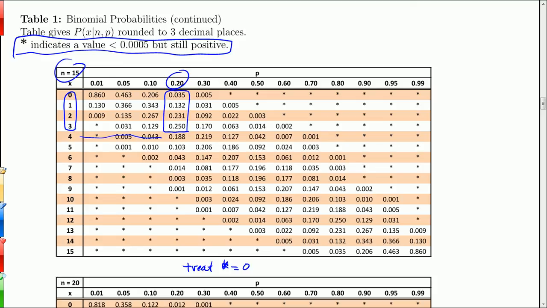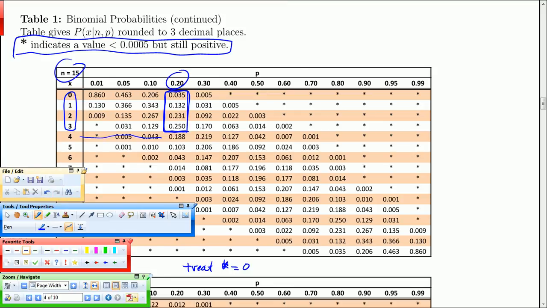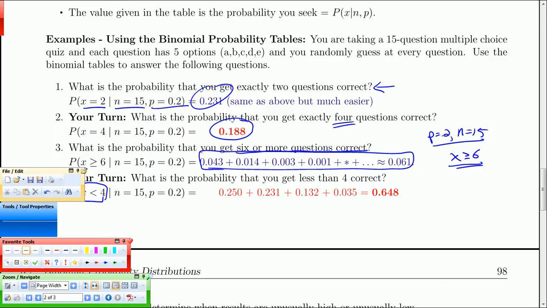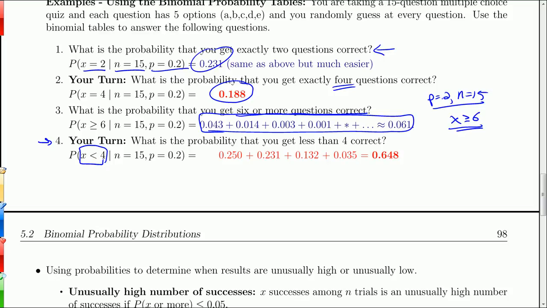So you get 0 correct, 1 correct, 2 correct, or 3 correct. So we add up those, right, because we're using OR in there. So we add up those 4 numbers. And when we add up those 4 numbers, we get 0.64. So that's the probability that you'll get less than 4 correct if you guess on all the problems, which is pretty high. So there's a pretty good shot you're going to get less than 4 correct.